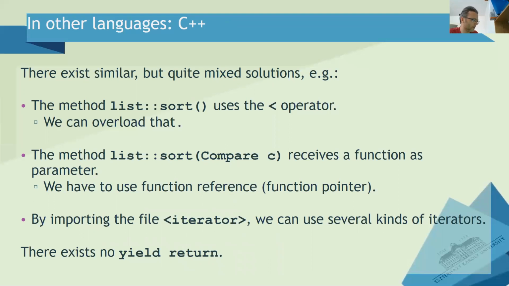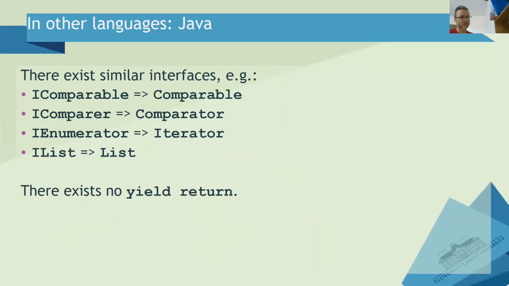And if you read the rest of the slide, you will see that if you want to mimic all the stuff I showed you in Visual Studio, you have to use very different kinds of solutions in C++. So those solutions are not as standardized as in Java or in C#, which use interfaces.